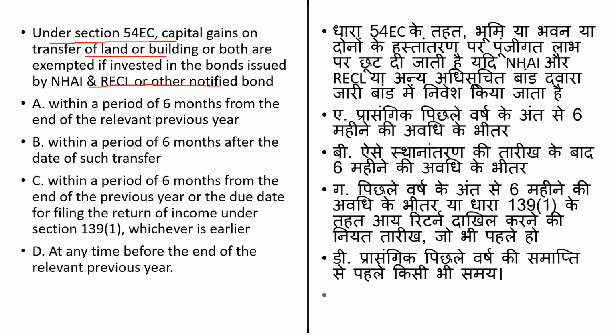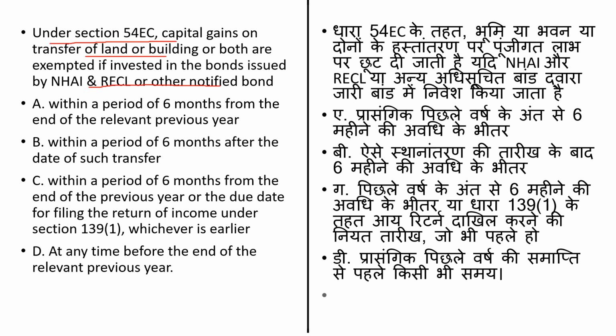Exemption under section 54EC is available only towards the capital gain arising on account of transfer of a long-term capital asset. The amount should be invested within a period of 6 months from the date of transfer.